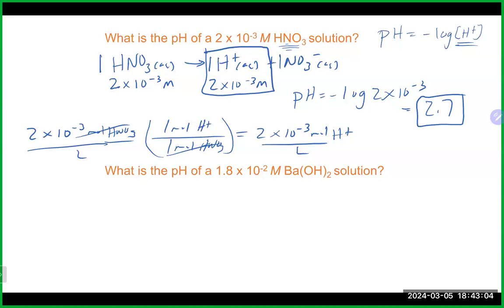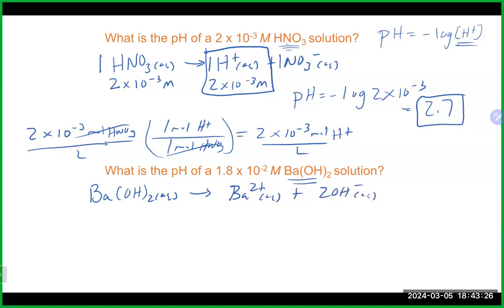Now, when we look at this one, which is barium hydroxide, which is a strong base, in this particular case, we would have this guy breaking apart into a barium ion and actually 2 hydroxide ions here.